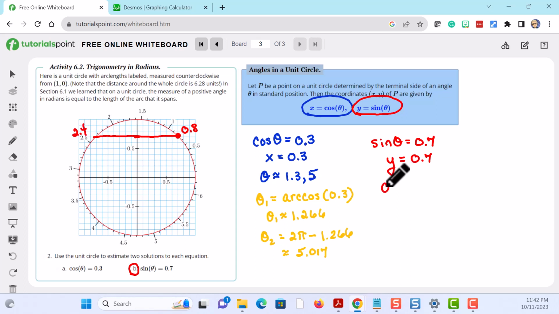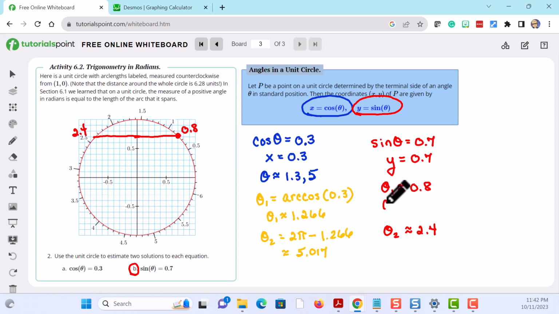So theta sub 1 is approximately 0.8, and theta sub 2 is approximately 2.4.